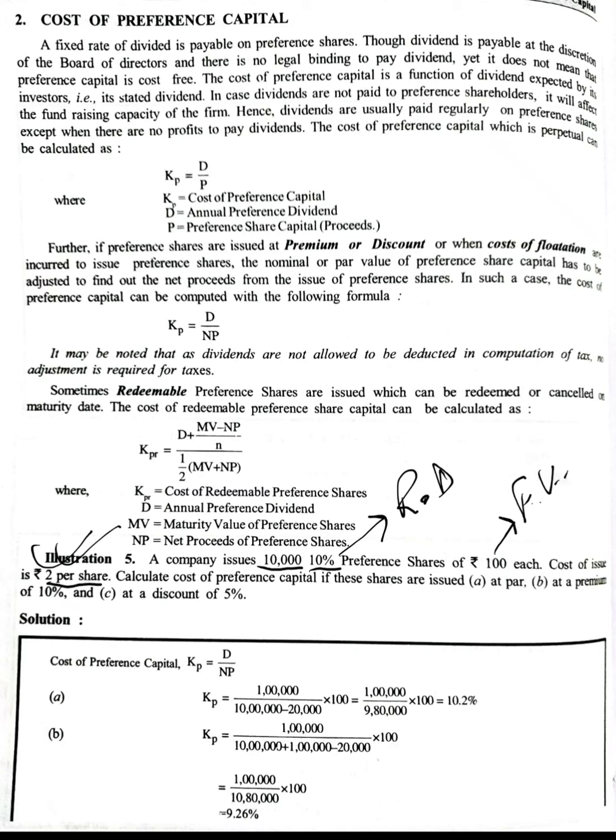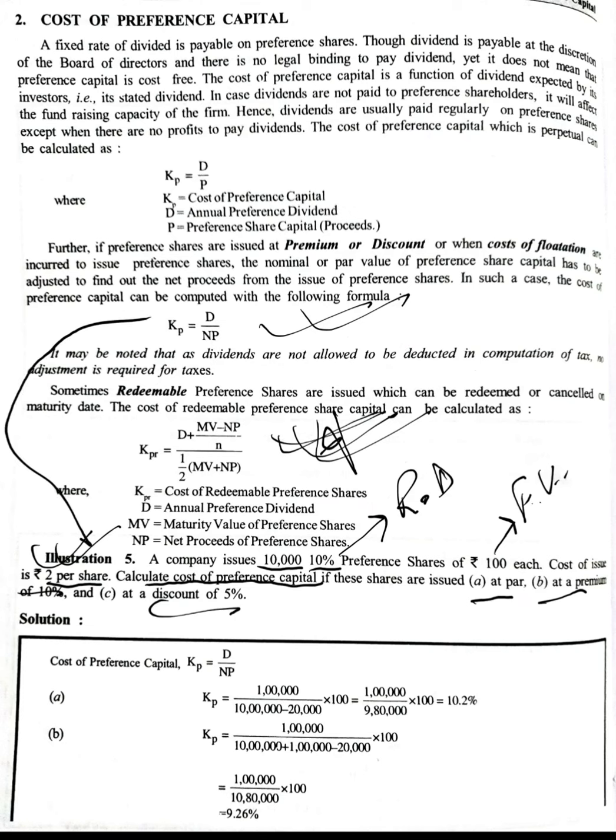Now what we have to calculate is the cost of preference capital. It is given at par, then premium 10%, discount 5%. So in just one sum, this simple sum will be first, and then we will do another sum where we will deal with the other.